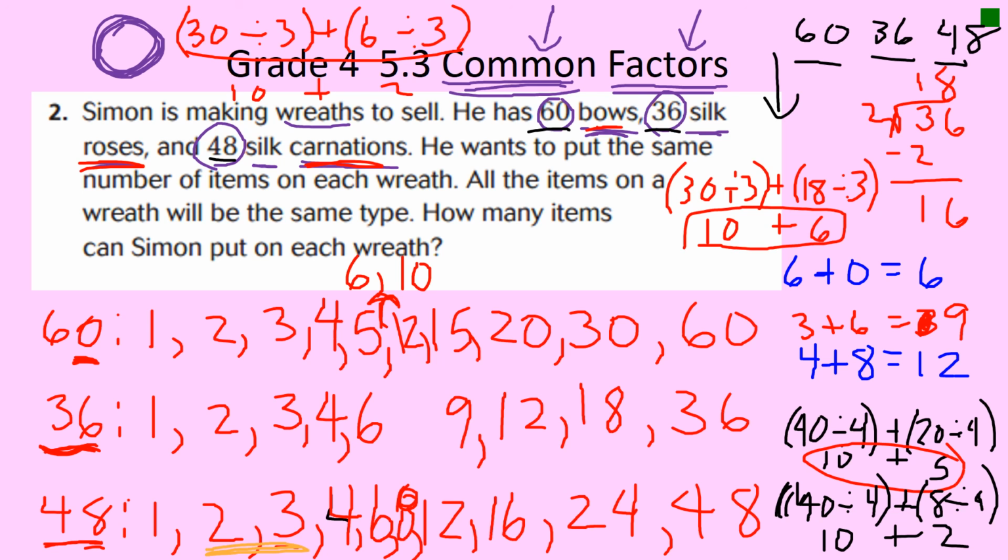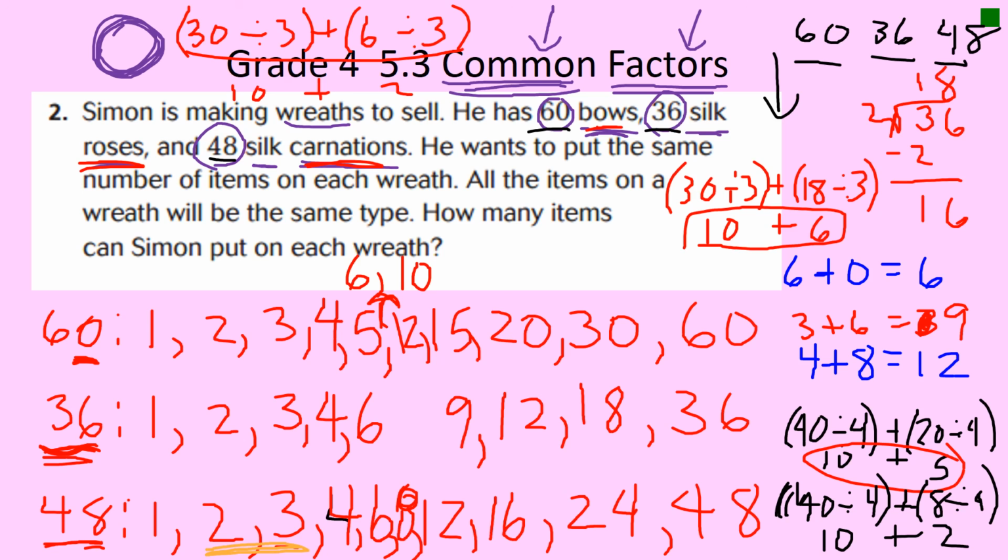All right, let's think about 8. Like I said, let's give 8 a try here. Is 8 a factor of 60? So what can we do here with 60? I think asking basic facts. 8 times 7 is 56. 8 times 8 is 64. No. We went right past 60, didn't we? All right, so let's go to 36 now.